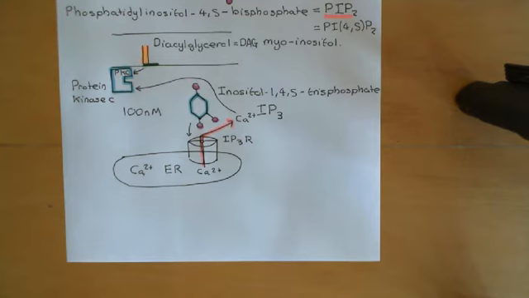IP3 causes the release of calcium from the endoplasmic reticulum, and that calcium and the diacylglycerol are capable together of activating protein kinase C enzymes. And the calcium signal can also do many other things in the cell, and then the protein kinase C enzyme can go on and phosphorylate many different targets and have many different downstream effects.